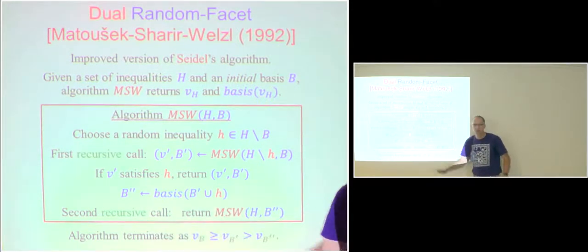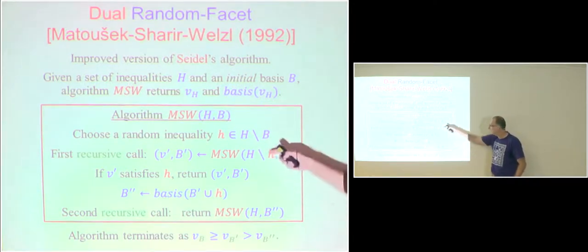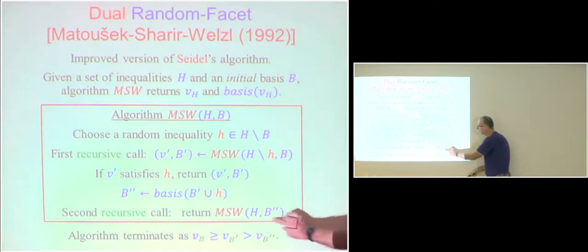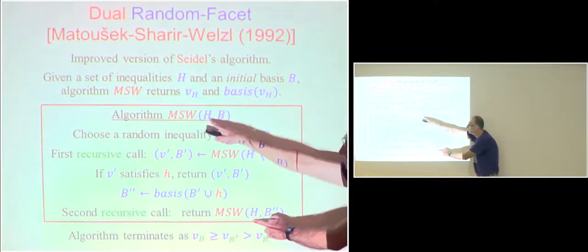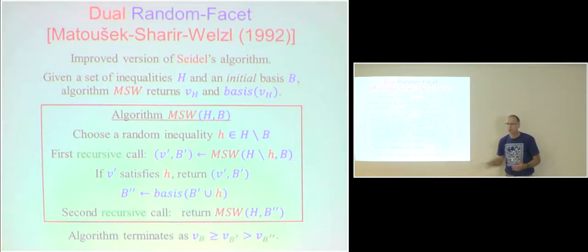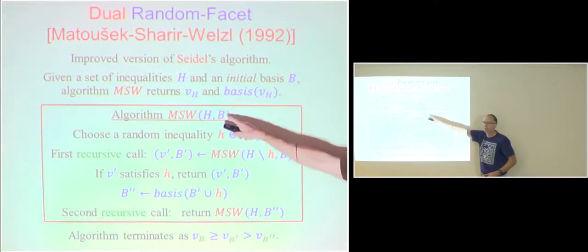No matter what random choices we made, eventually the algorithm will terminate, because if the solution we got from the first recursive call is not really the optimum, then we make progress. Note that the second recursive call might look a bit frightening, because we work with exactly the same set of inequalities, so it's not clear why we are making progress. Why can't we cycle? The progress is made because b prime is a better basis.